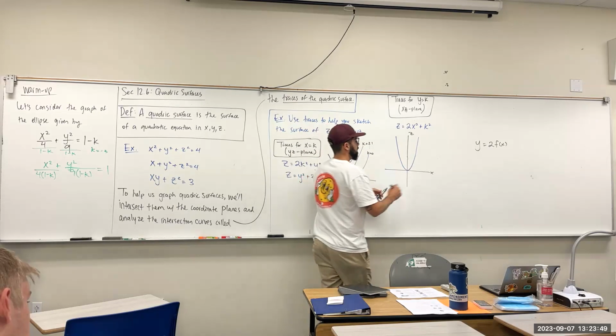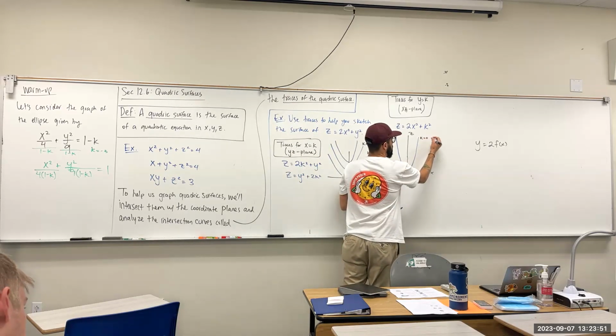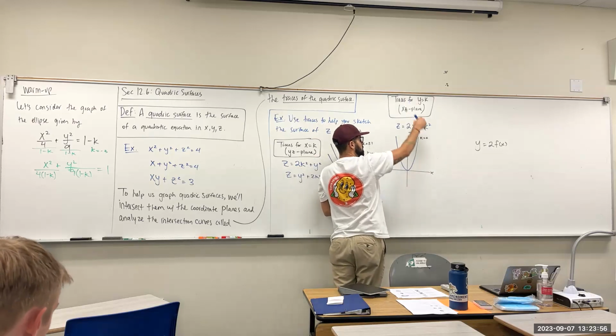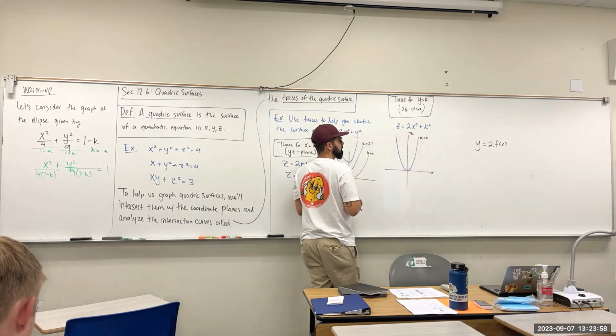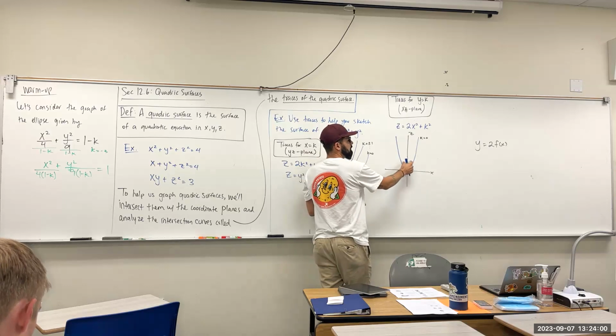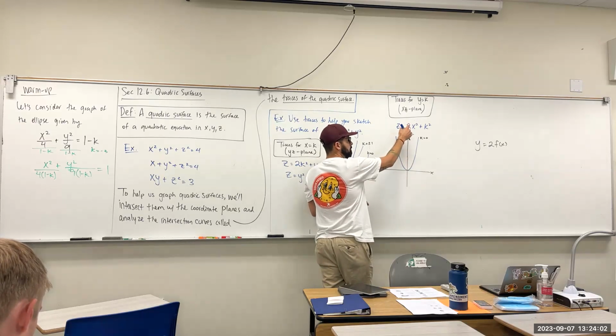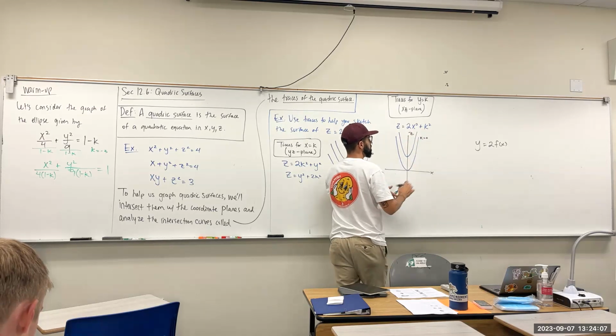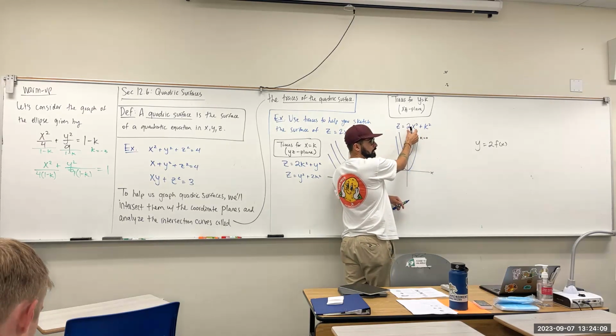That's when k equals 0. What happens if I make k more positive or more negative? It moves the parabolas up, so they're going to be shifting up. But the shape of them will still stay the same.